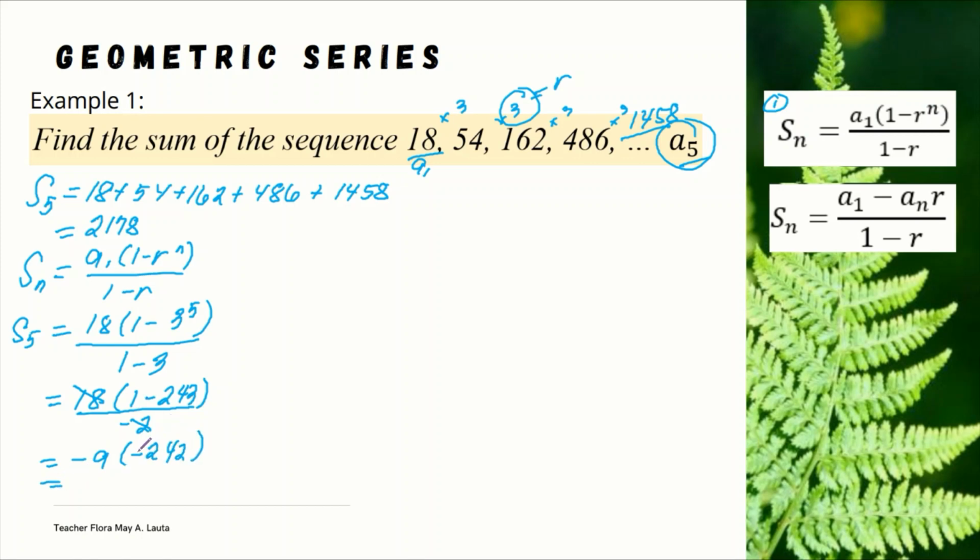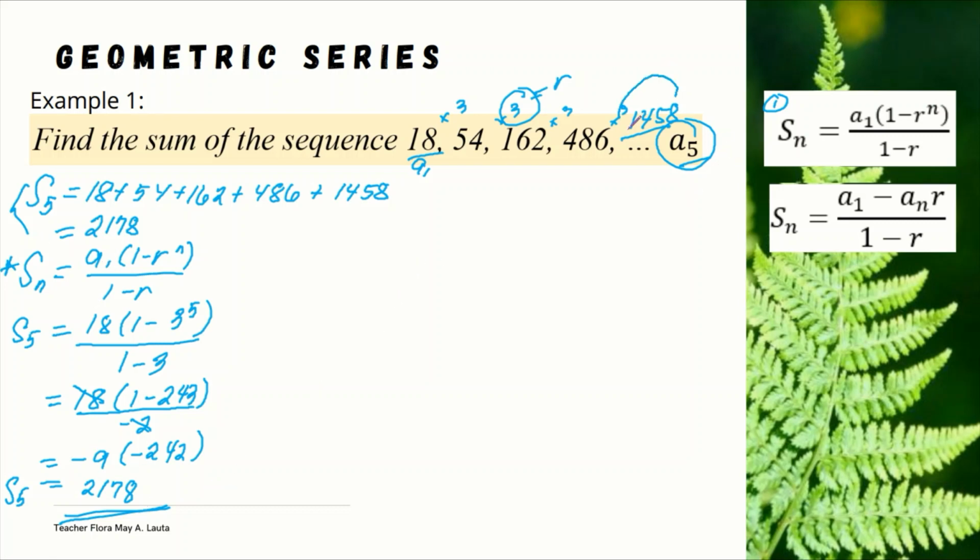Negative 9 times negative 242, the answer is positive 2,178. And that is the sum of the first 5 terms of the sequence. So, as you can see, doing it manually and using the formula, we have the same answer.